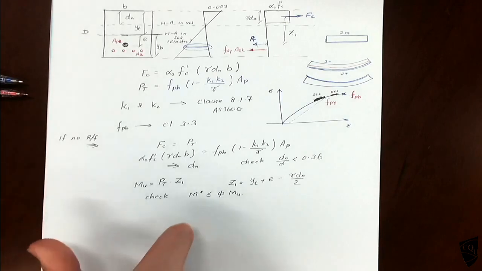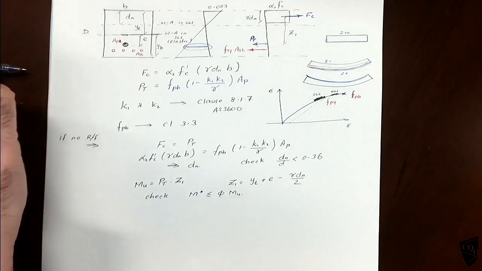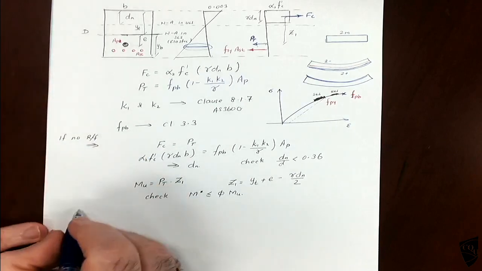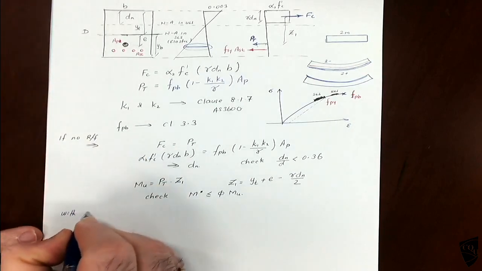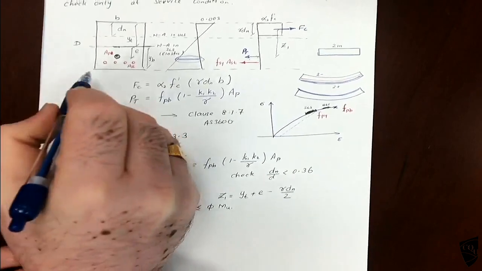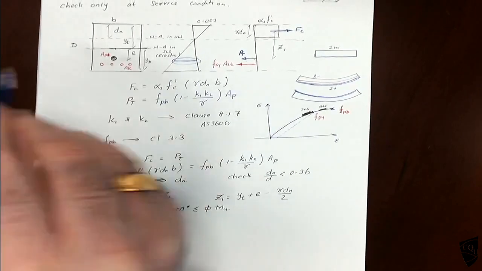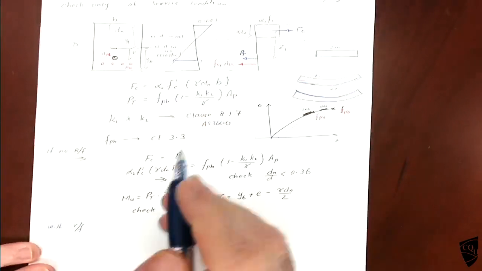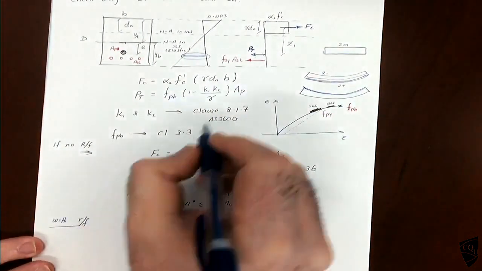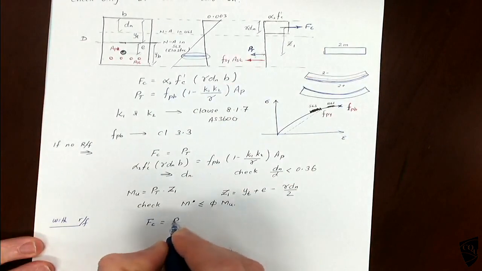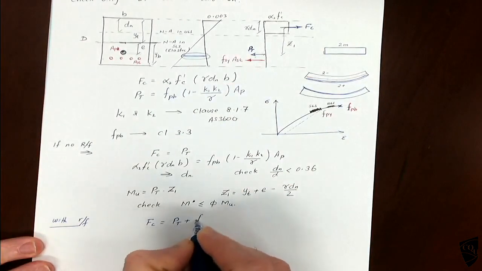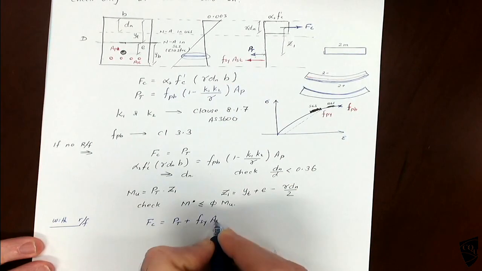If it is not satisfied, what we need to do, we need to add reinforcement. Okay, so we might need some reinforcements. So if you have reinforcement, what is the condition? Fc equal to Pt plus fsy Ast.